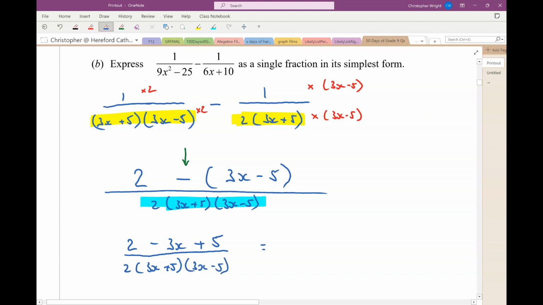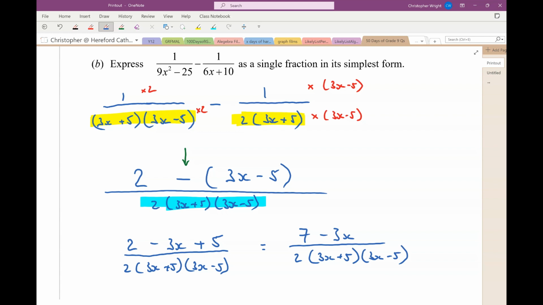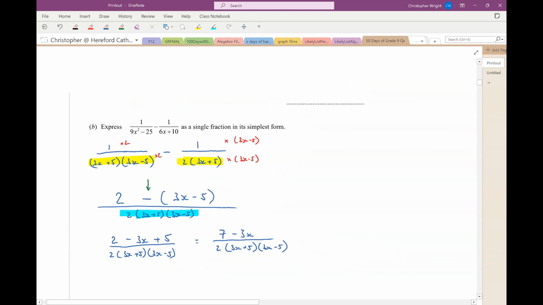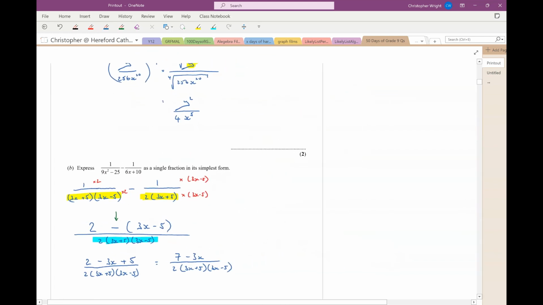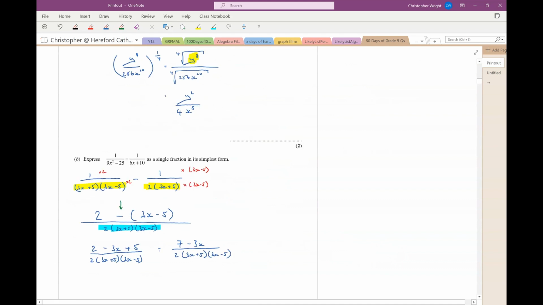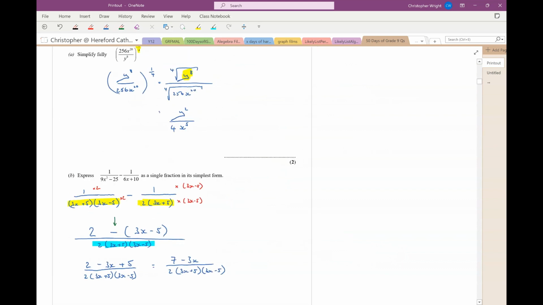So that is going to be 7 minus 3x over 2 lots of 3x plus 5 and 3x minus 5. Now, yes, you could multiply out those brackets on the denominator, but you don't need to. You'll get full marks for that answer there. And that is question 3 sorted.